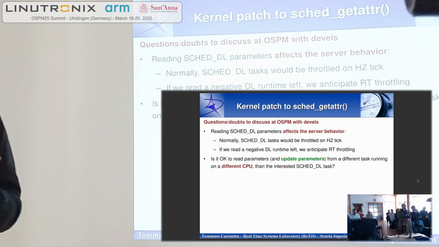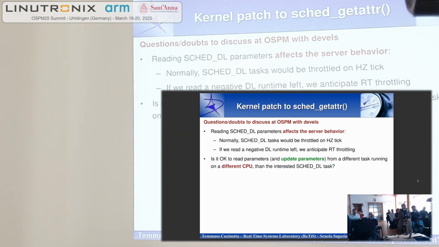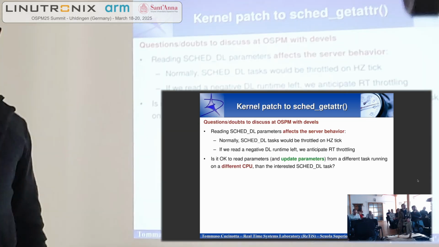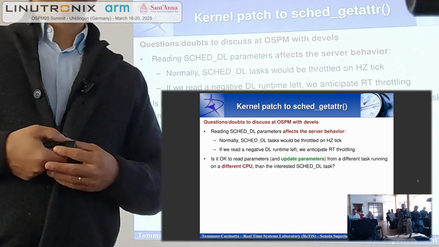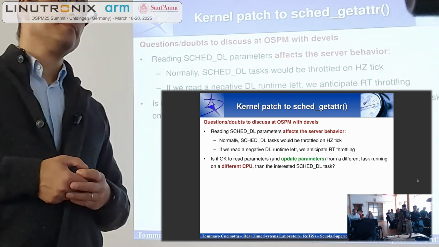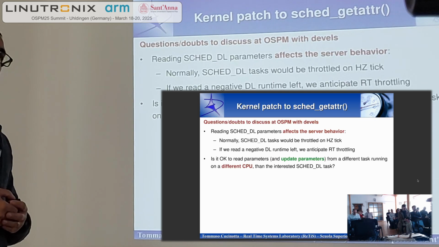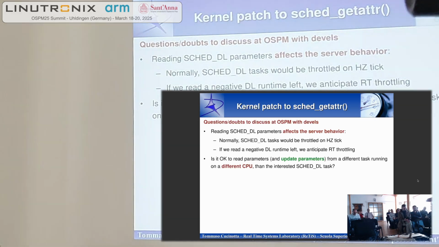So if you update the deadline parameters, you get throttled immediately as you read a negative value, you are throttled right away. But there is also the HRT feature. So when you want to be more precise, we actually throttle the exact instant you deplete your time. So this thing can actually be thought as going in that direction. So it probably is not such a bad thing.